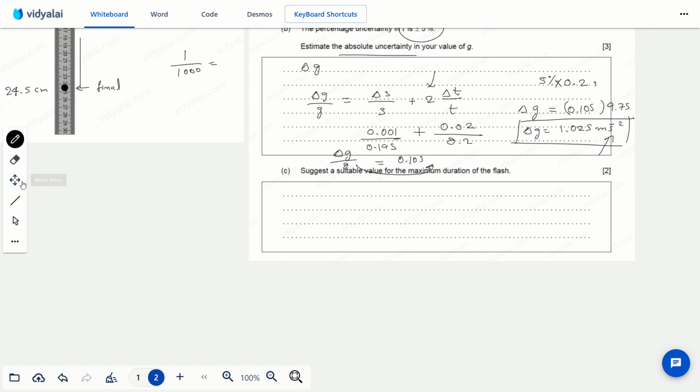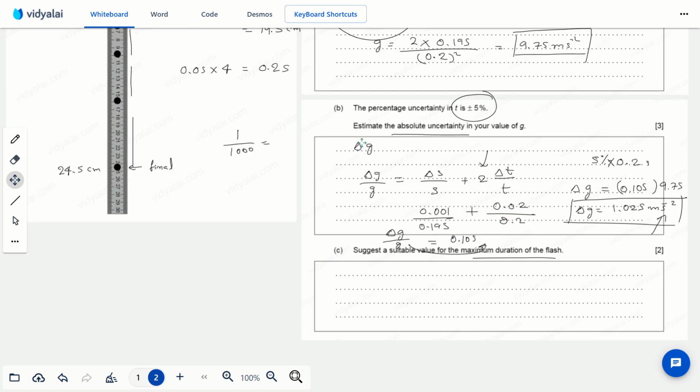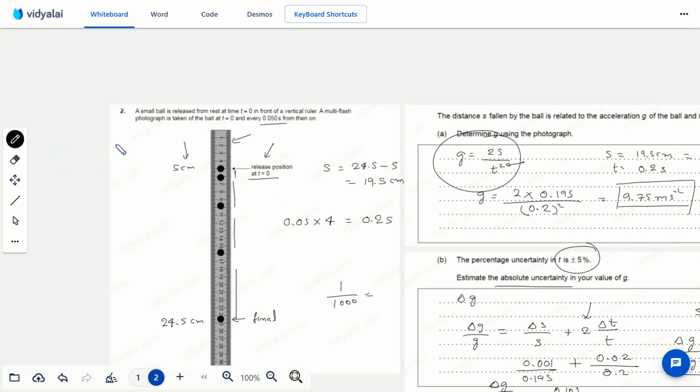Okay, now we move on to the final part. Suggest a suitable value for the maximum duration of the flash. Fine. So we need to find out the maximum duration of the flash. What's a flash? A flash is something that says for how long the camera captures the ball.